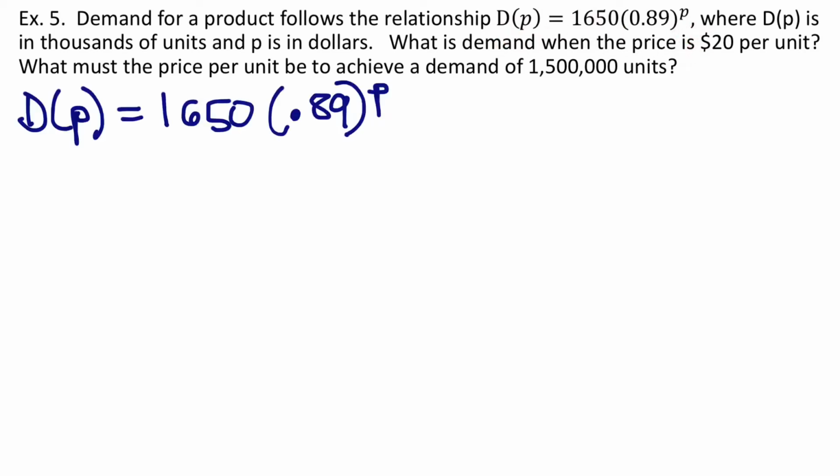So this is not a base E problem. This is a base 0.89. All right, so this is where your base is, 0.89. Okay, so your input is price and your output is demand.